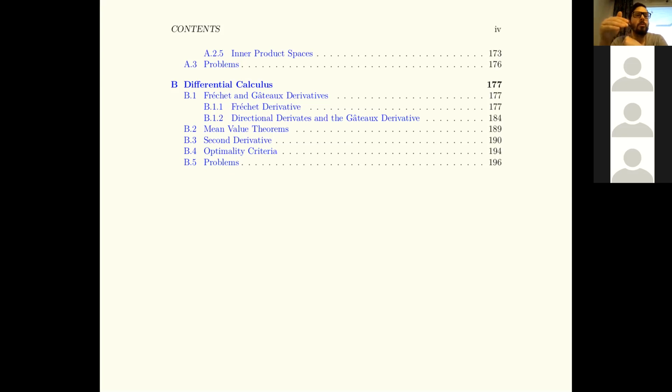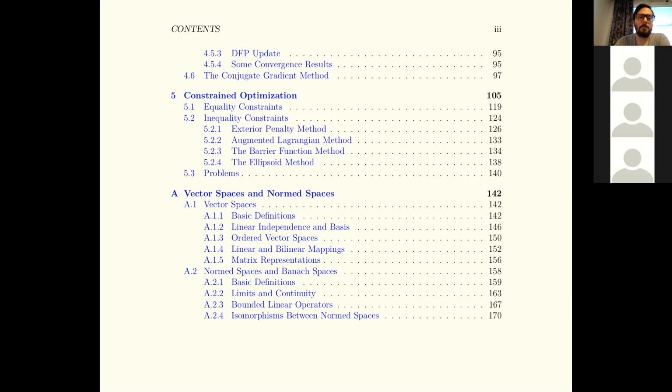But what we will do with appendices A and B is go through them as a detour sometimes. We are mostly going through chapters 1 to 5. But whenever we encounter material where, in order to understand a concept, we need something from the appendices, I'm going to go through the appendices a little bit.